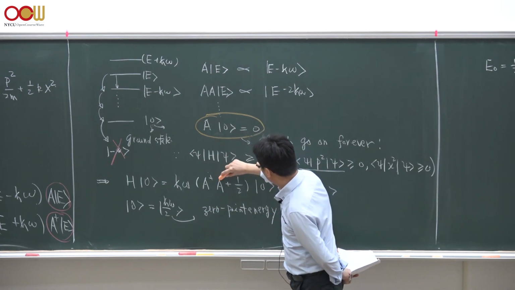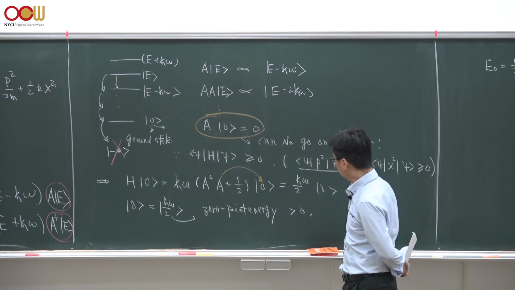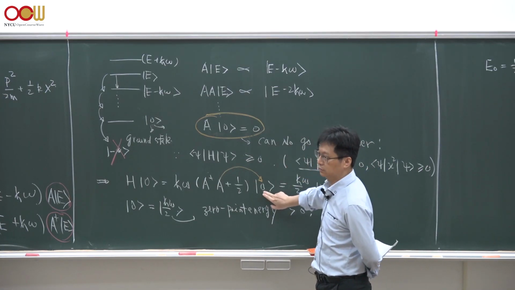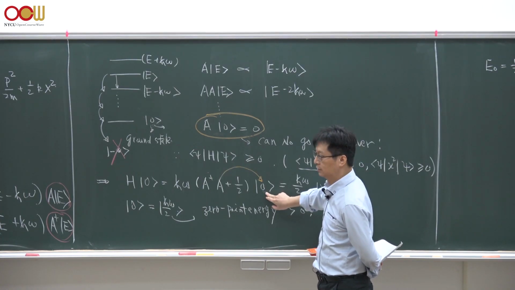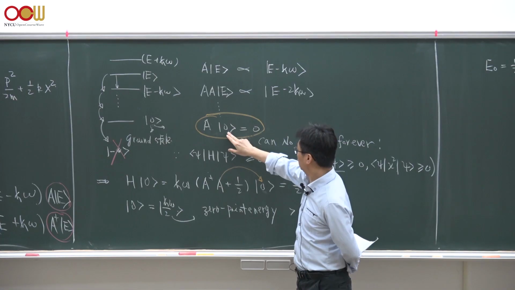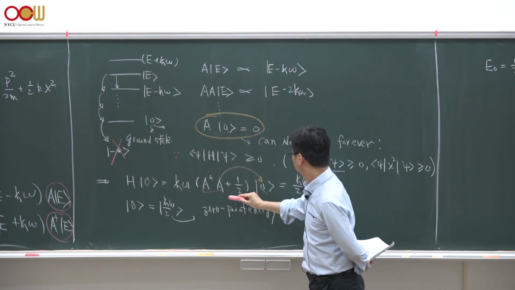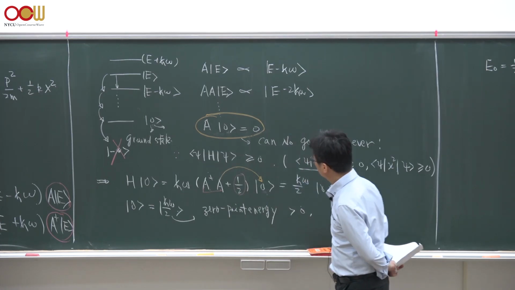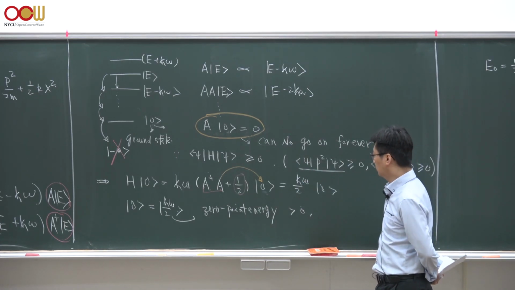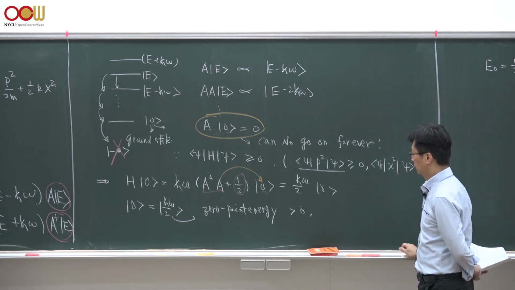This A operator tries to go one floor down, but the starting point is the ground state. So this A acting on the ground state is 0, so this term vanishes, but there's a leftover, which is 1/2 times h bar omega times the state 0.